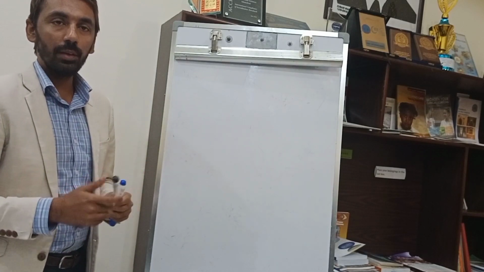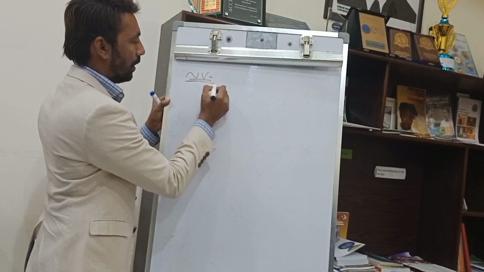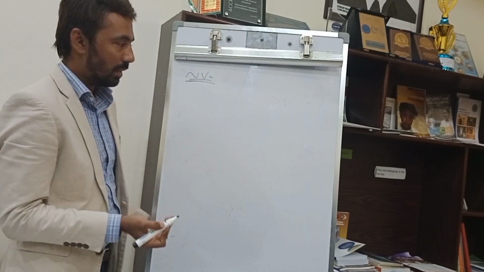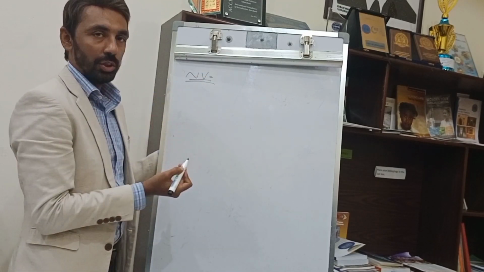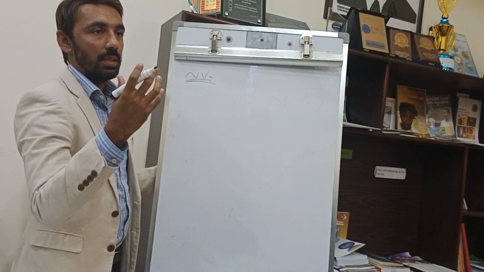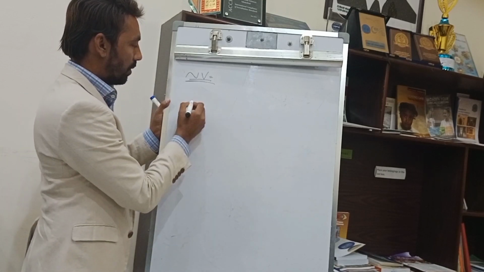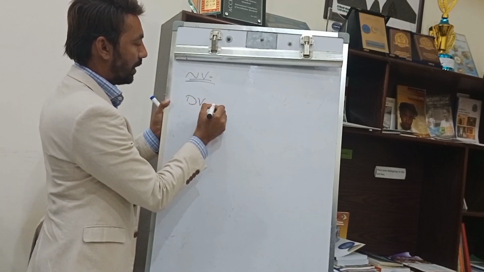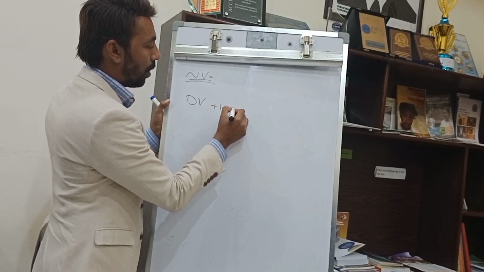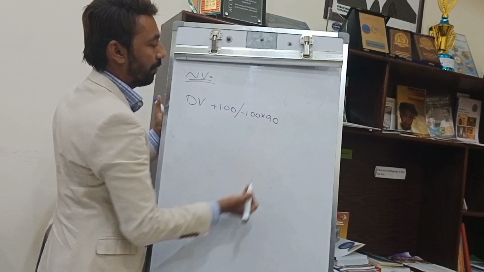Now if I talk about the near vision correction, the prescription of near vision glasses, this is actually a combination of the distance vision correction and the near addition, right? Suppose the distance vision correction is +1 with -1 cylinder at 90 degrees.